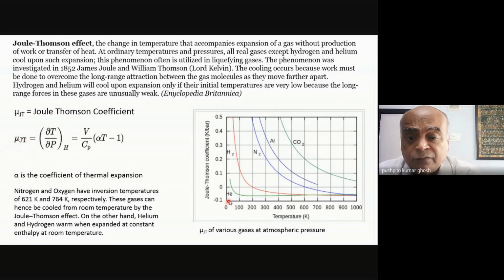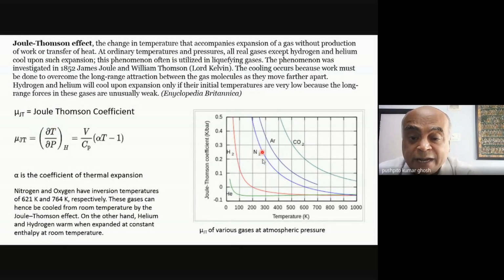In the case of helium and hydrogen, suppose I pressurize it, let's say around room temperature, and now I let it expand, it's not going to cool because my mu JT is negative. My delta P is of course negative because I'm doing an expansion. But because mu JT is negative, my delta T must necessarily be positive.